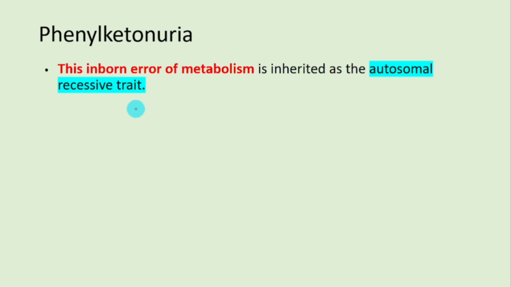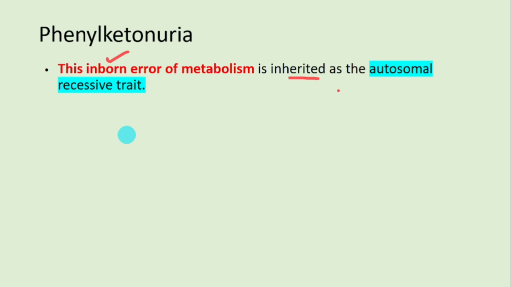There's another section on phenylketonuria which you will study in human genetic disorders. So I'm covering that section also in this particular video. So phenylketonuria, this is inborn error of metabolism. It is inherited as autosomal recessive trait. So this is a genetic disorder. This is the reason it is called inborn.